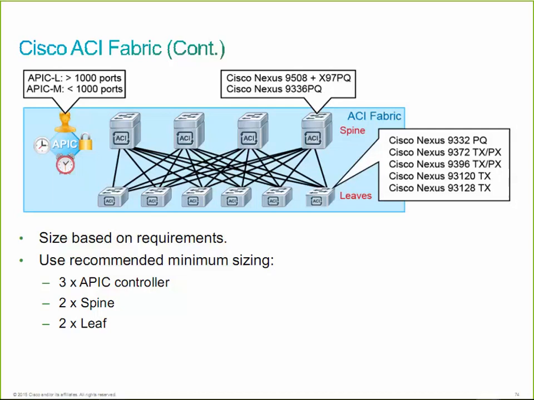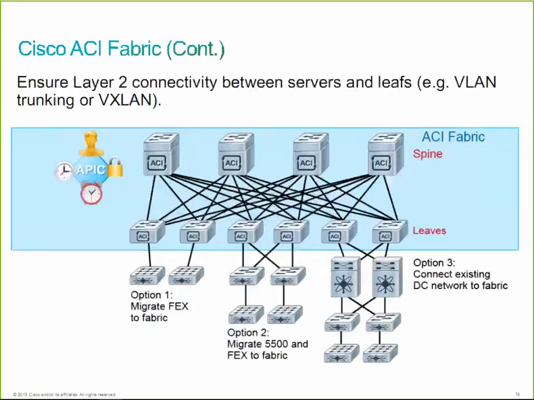But in this case, with the spine and leaf, we don't really have that. All of those leaf nodes should be connected to every single spine node that's introduced into the topology. All right? The data center can be integrated into an existing data center, or we can migrate to this new fabric using lots and lots of different options, right?